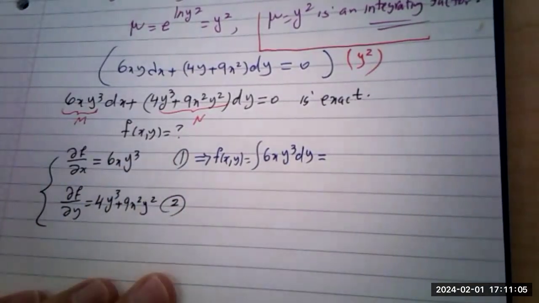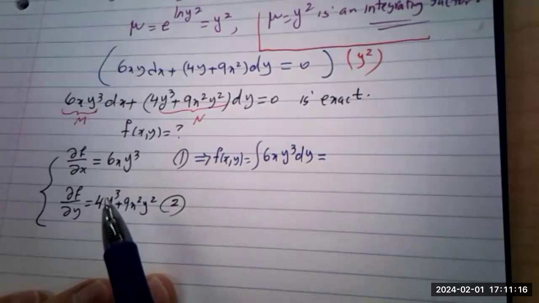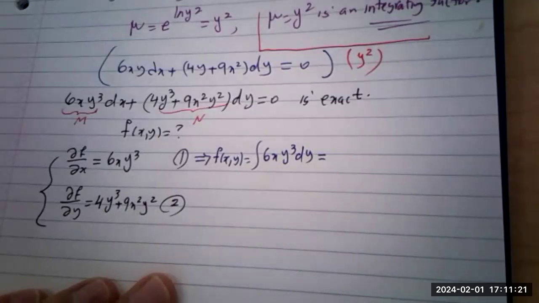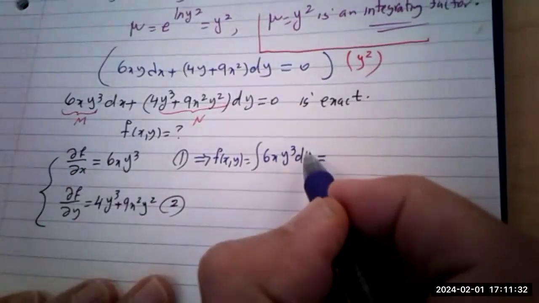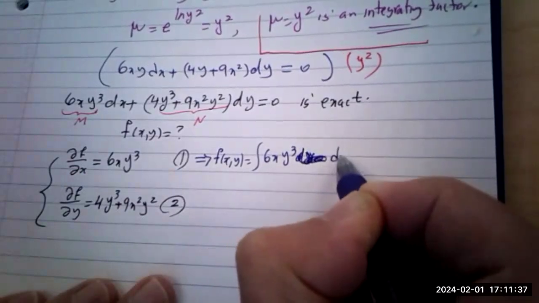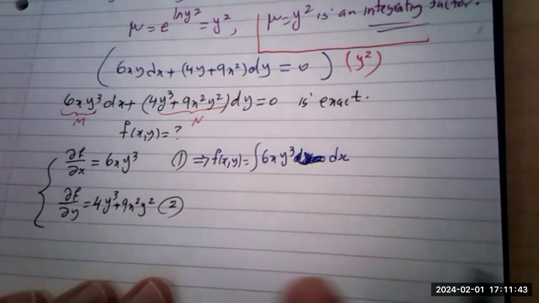So y cubed would be y to the 4th. Okay, just make sure you get 6xy cubed. I have to integrate with respect to x. You know that there's something wrong. Because I picked the first one, so integrate with respect to x. If you start with the second one, integrate with respect to y, but the first one x.